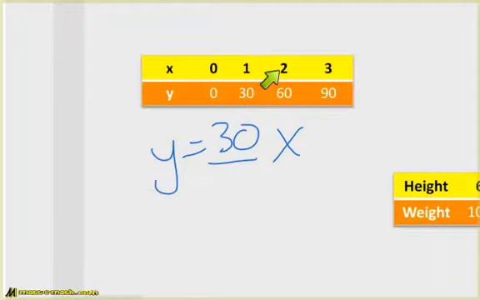If I take my x, is 2 times 30 what I get for y? Yeah, it is. 2 times 30 is 60. Same thing here. If I put 3 in for x, it's 30 times 3, which is 90. That's it. So this is a direct variation. It's y equals some number, 30, times x, and it goes through 0, 0.